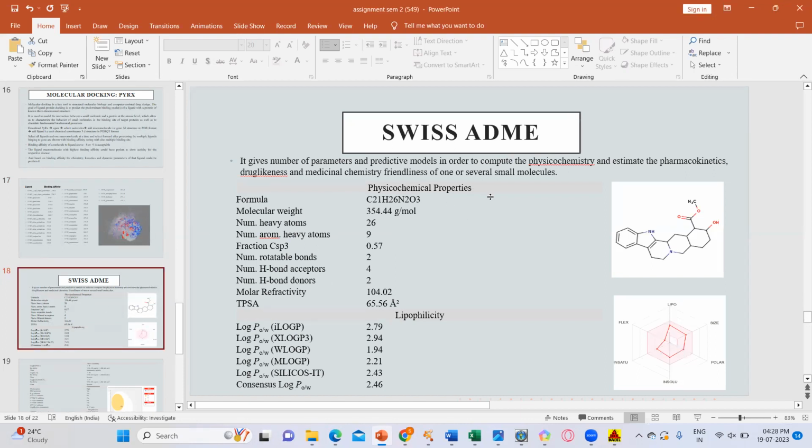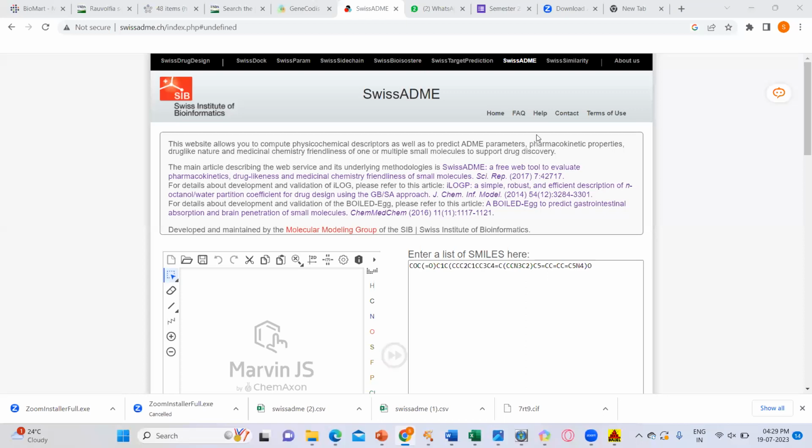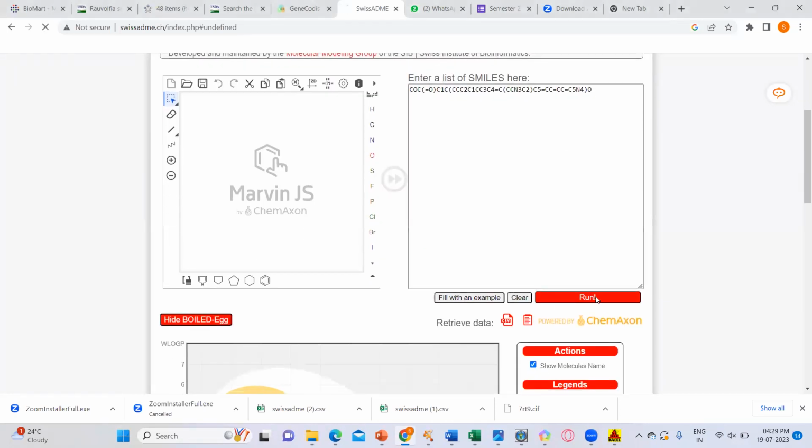Here, the process involves extracting from PubChem the canonical SMILES of a particular chemical, and then that canonical SMILES is added in the SwissADME tab. In SwissADME, here is the canonical SMILES that we have to paste over here and then say run.